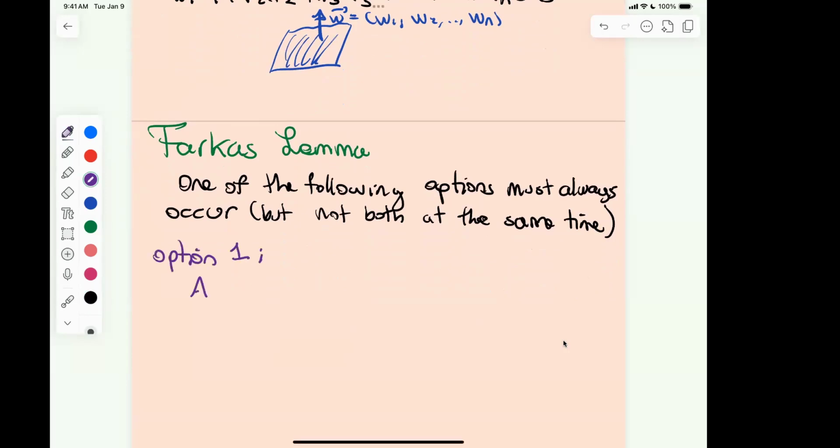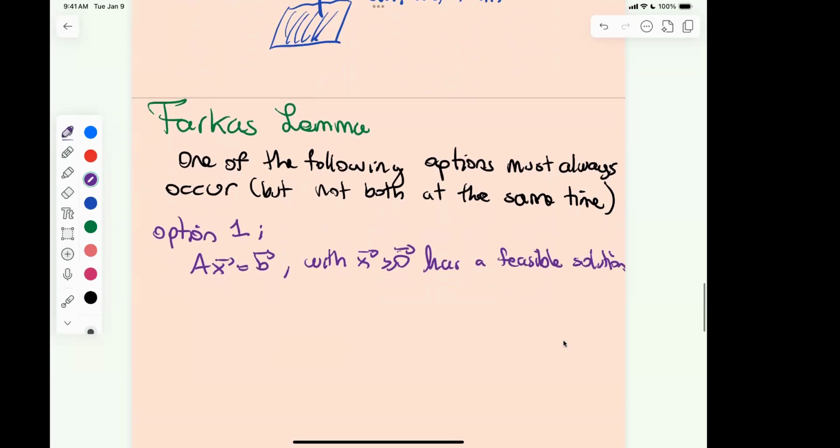is that AX equals B with X greater than or equal to 0 has a feasible solution.